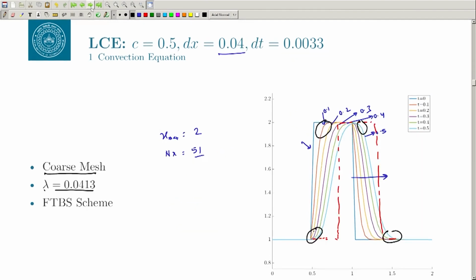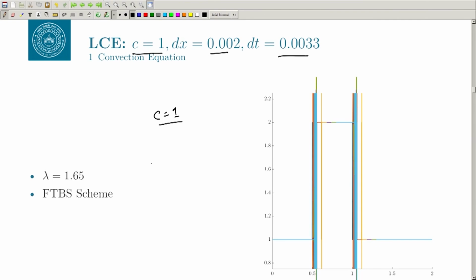Now, we just doubled the convection speed, so my lambda has become 2 into that value, so it has become 1.65. So, my Courant number exceeded 1, that means my C delta t is now greater than delta x. I am jumping over the cells, right.